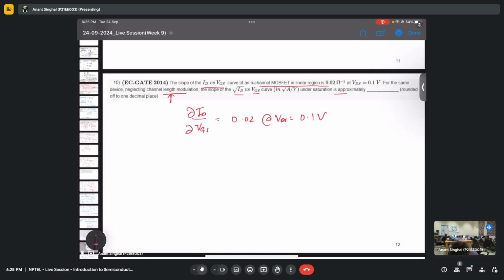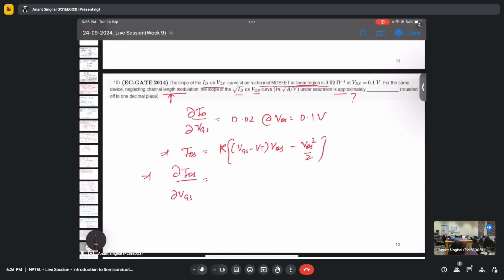So first of all, the first is the linear region. In the linear region, we know that IDS is nothing but, I'm writing K for now, K into VGS minus VT times VDS. If I do the differentiation with respect to VGS, which is given in the question, it will be nothing but K times VDS, right?